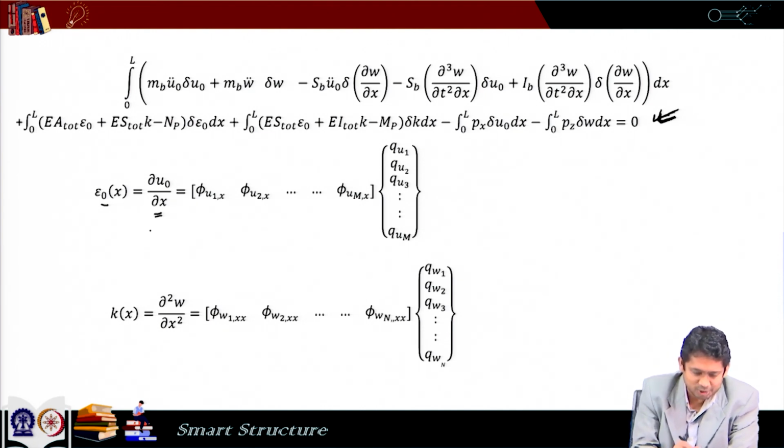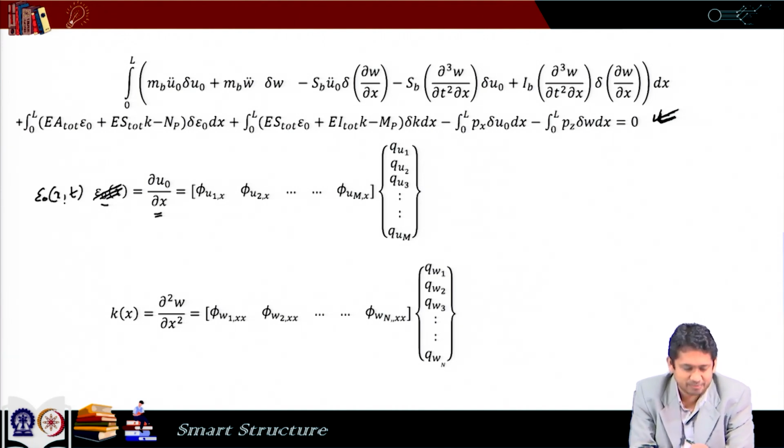Now, here it has to be modified, it is no more a function of only x. So, epsilon 0 of x is modified to be epsilon 0 of x and time. So, this takes care of the spatial part, and this takes care of the time part.